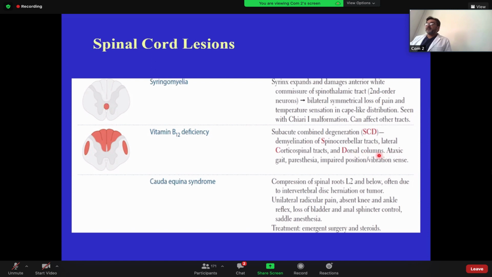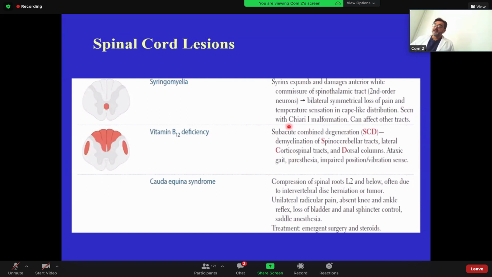So there is ataxic gait because of the dorsal column pathway. Proprioception is lost. There is paresthesia because fine touch is gone because of the dorsal column. Impaired position and vibration sense is also because of the dorsal column. And then you may also have an upper motor neuron type of paralysis because of the involvement of the corticospinal tract.